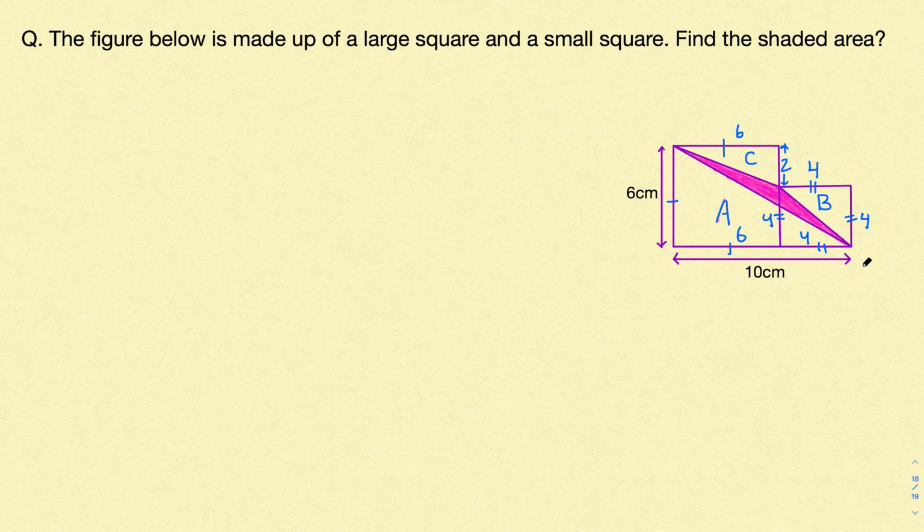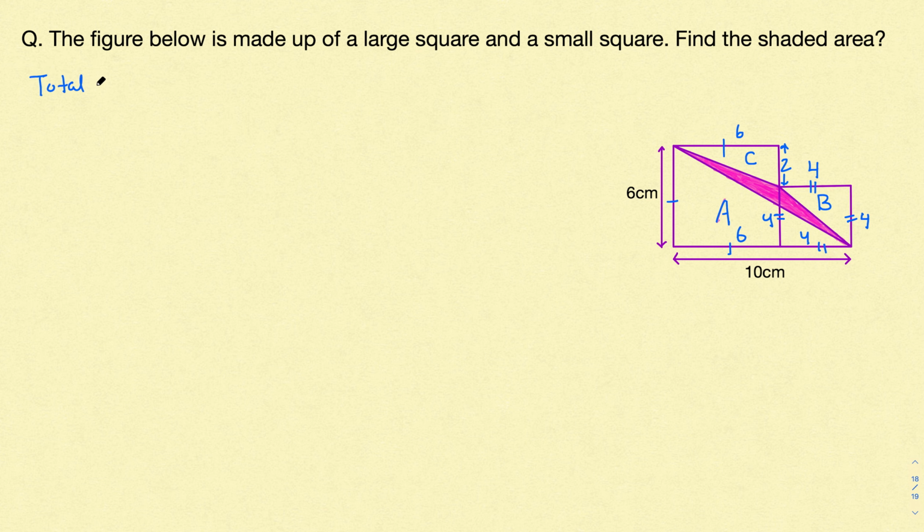So it looks like we have mostly found all our sides, and I think we are good to go to find the areas. Let's find the total area of the figure first. For that we need to find the area of the big square and the small one. In one go we can find the total area.